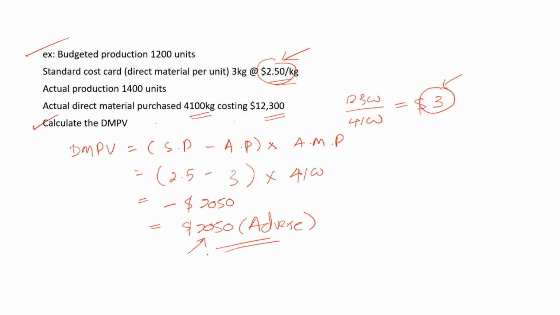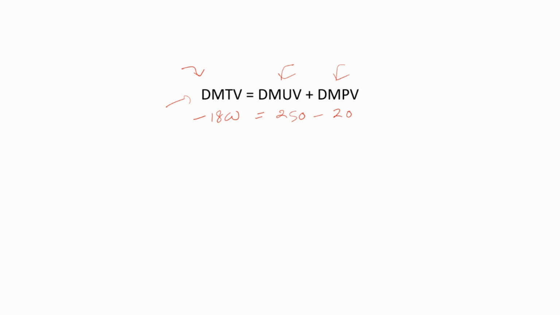This is an adverse value. So this side is negative 1,800. This side is also negative 1,800. You need to remember all the equations we discussed earlier plus this equation. In the exam, variance analysis will be tested heavily.